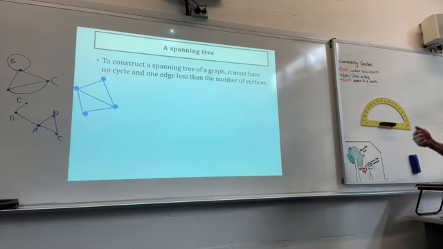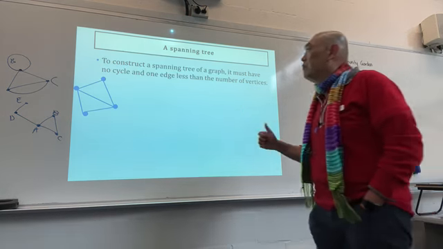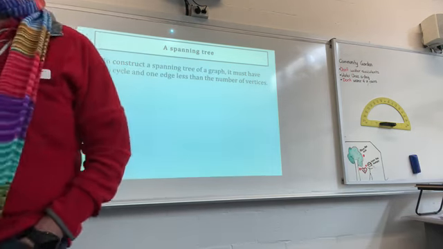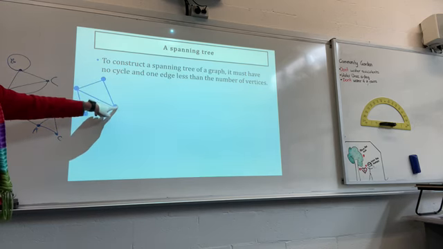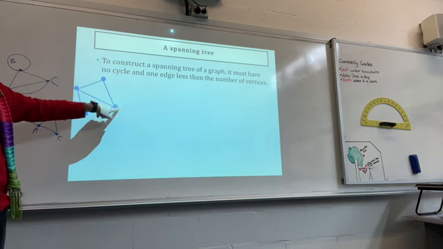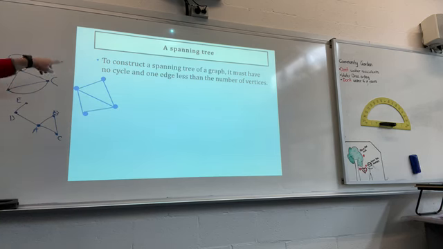Now, to construct a spanning tree of a graph, it must have no cycle, and one edge less than the number of vertices. So I've got four vertices. So what do I need? I need only three edges, correct? It says one edge less than the number of vertices.